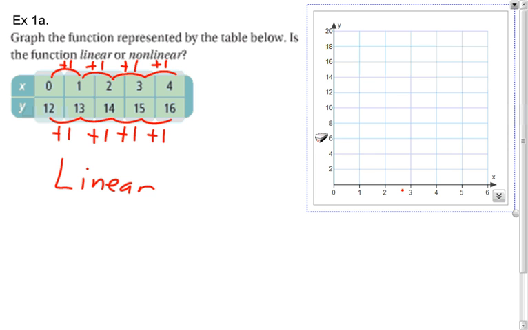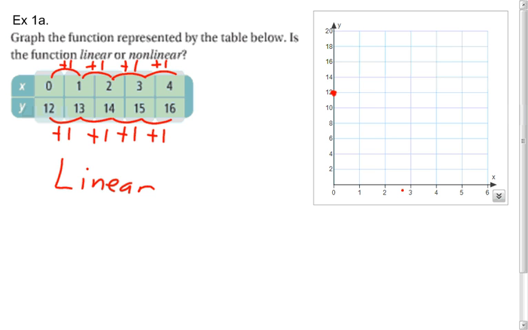So I've got 0, 12 is an ordered pair. 1, 13 is an ordered pair. 2, 14 is an ordered pair. 3, 15 is an ordered pair from my table, and 4, 16 is an ordered pair. Those make a straight line. That's what I was expecting to see because straight line means linear. So both of those things agree.